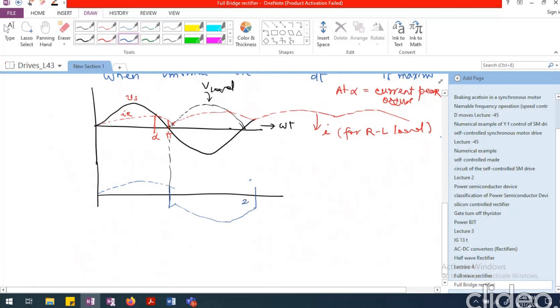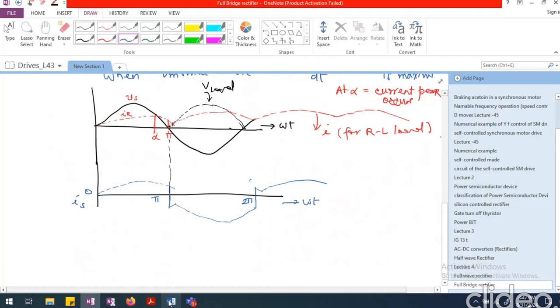So this is pi, this is 0, and this is 2 pi. This is how, with respect to omega t, the source current would be for the RL load.